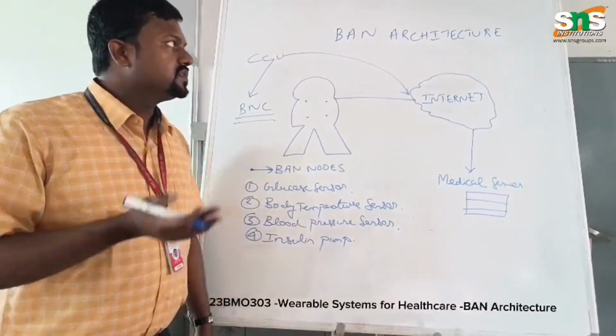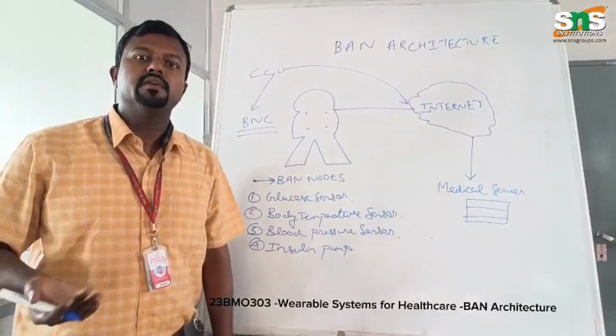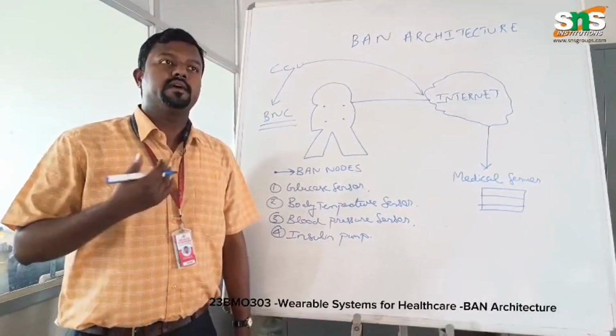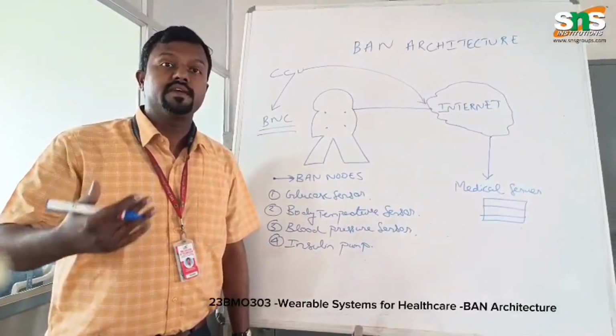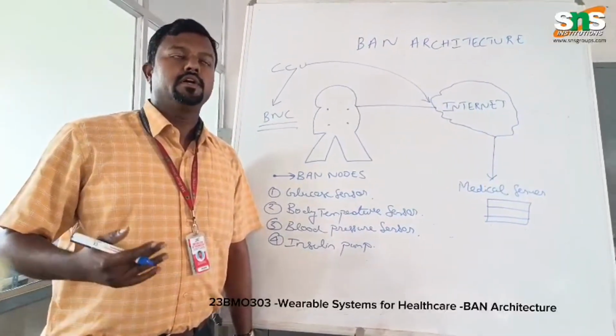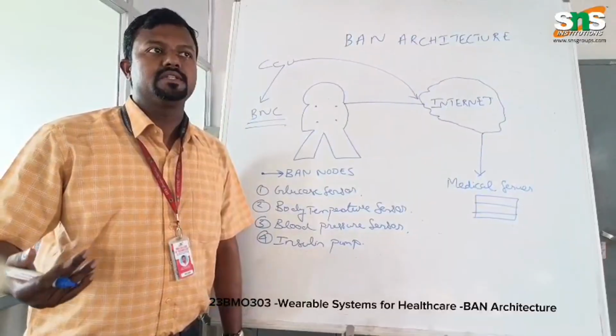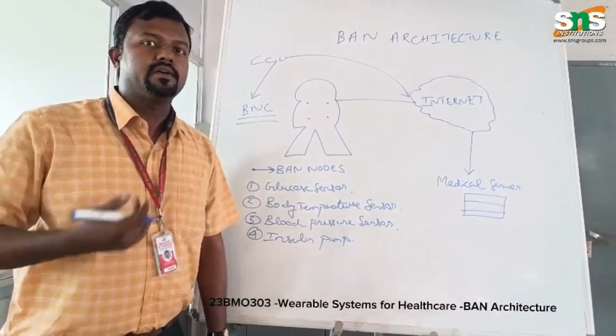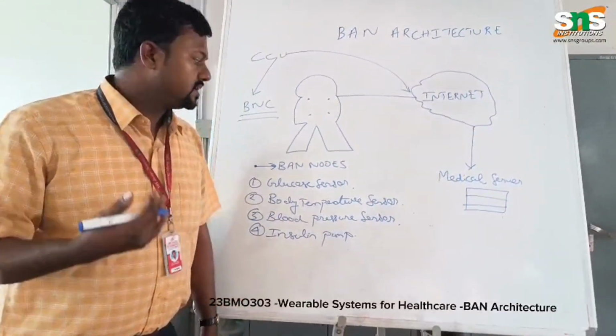At the same time, this BAN architecture plays a dual role. Even in our homes, this BAN architecture can be used to monitor or save the life of a person. In order to avoid frequent hospital visits, this BAN architecture plays a vital role.